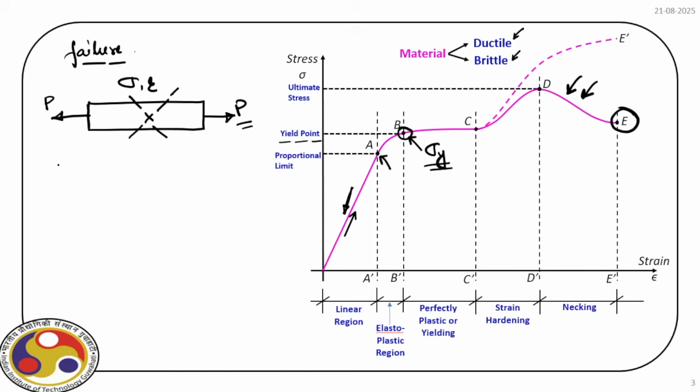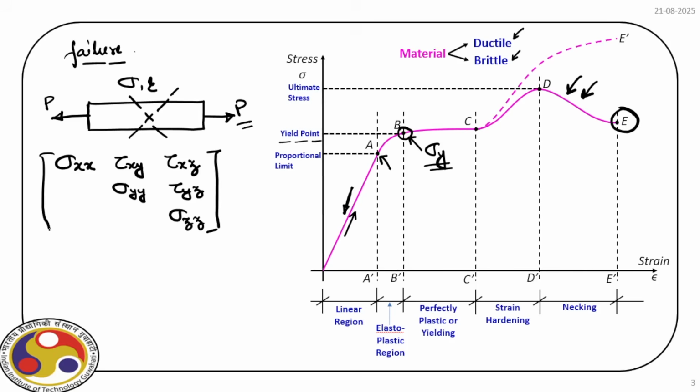So if we have a material exposed to 3D stress field, so we have sigma xx, then tau xy, then tau xz, then sigma yy, tau yz, and then sigma zz. It is a symmetric matrix.